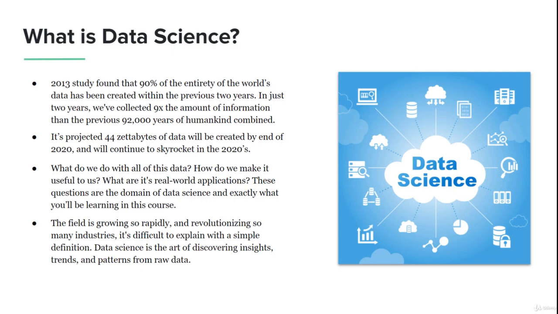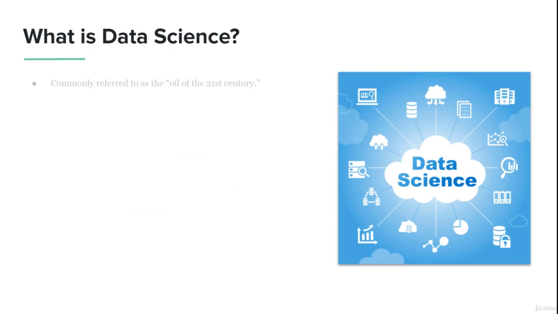I've tried to explain it through this lesson, right? But really it's about discovering key insights, trends, and patterns from raw data, and then being able to explain that to actual individuals so they can make well-informed decisions, right? So this is really what data science is all about.